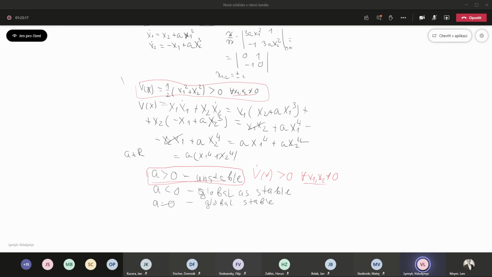Many materials you can find in this big Khalil book. Yes, Nonlinear Systems, 3rd edition.